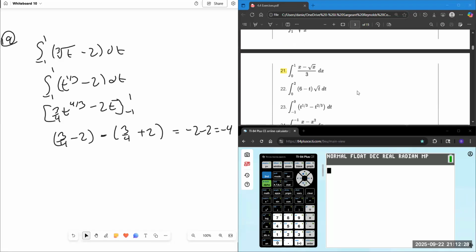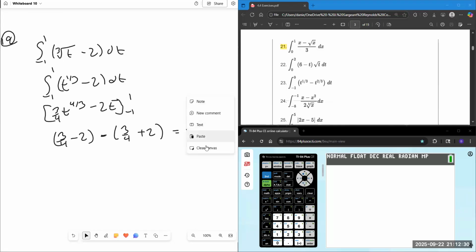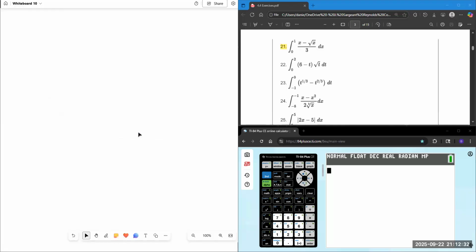So look now at 21. 21 says the integral from 0 to 1 of x minus root x over 3.